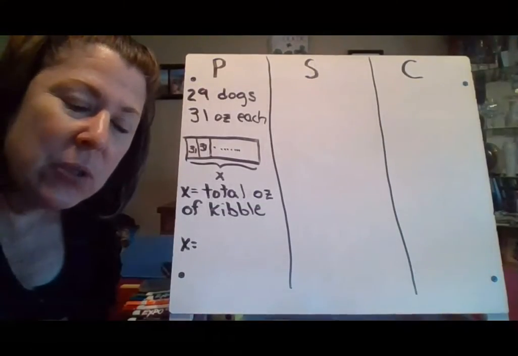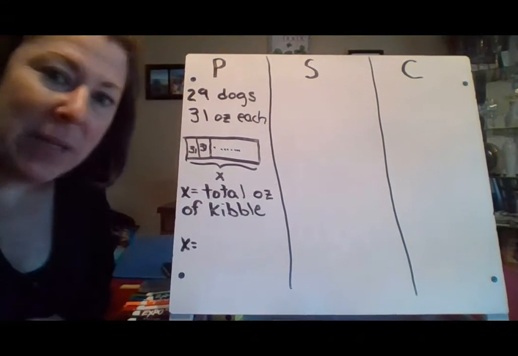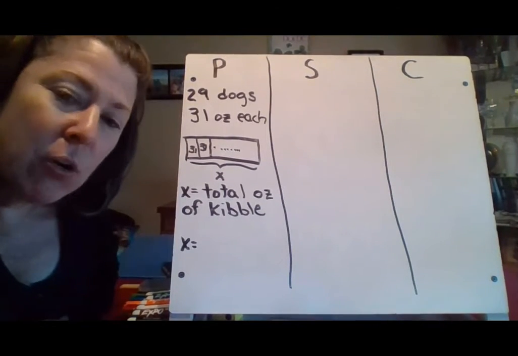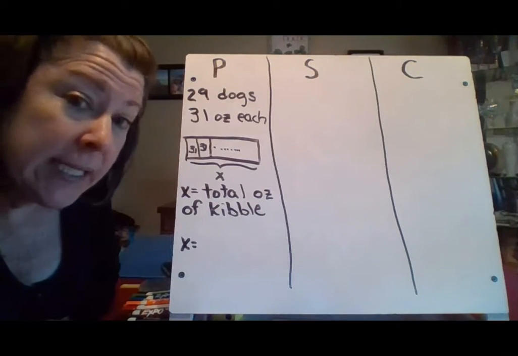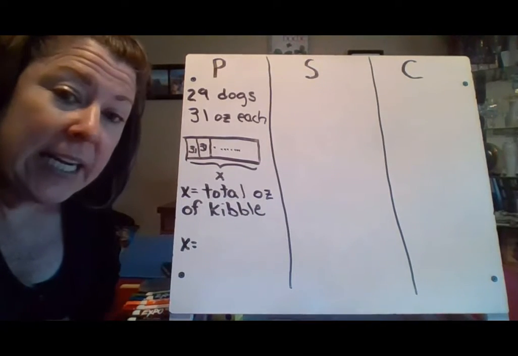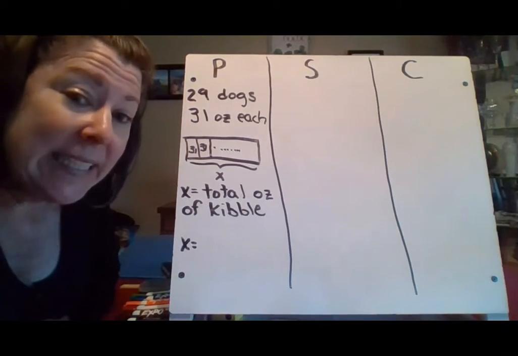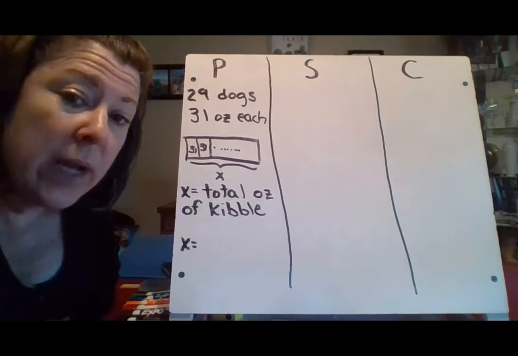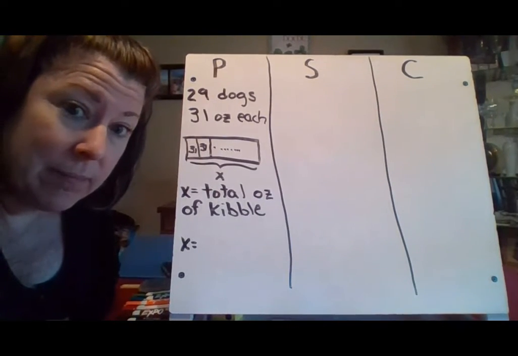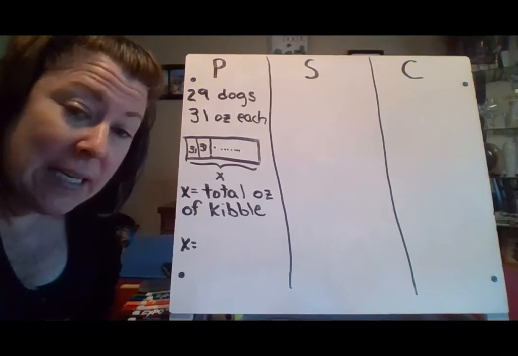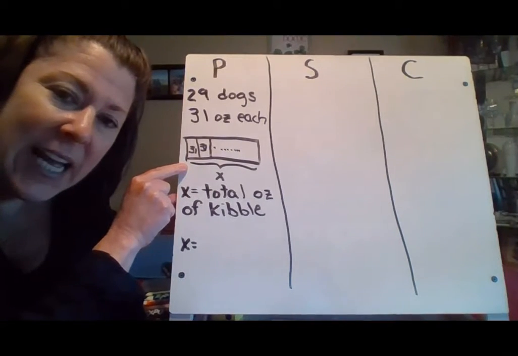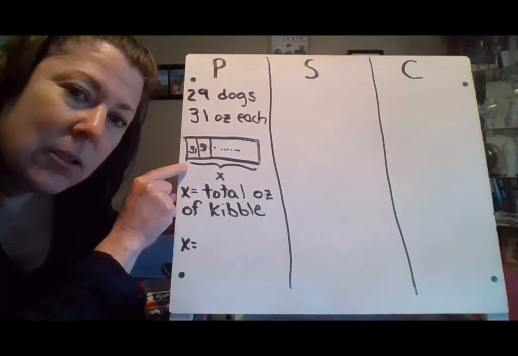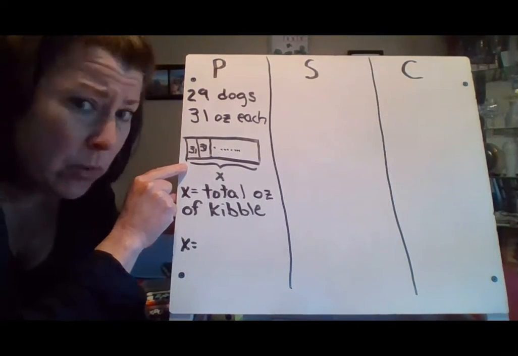Alrighty, so let's review this problem. So I already started to set up my plan. I know that there's 29 dogs, and I know that they each get 31 ounces of kibble. So I made a tape diagram, and I couldn't partition my tape diagram into 29 dogs.